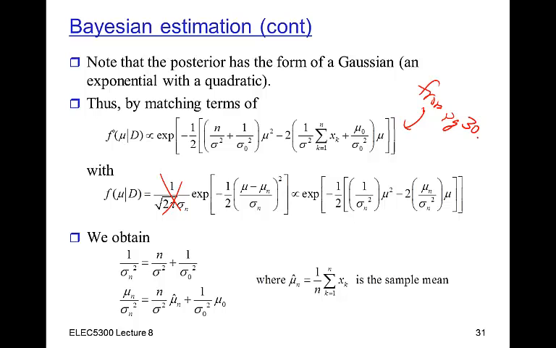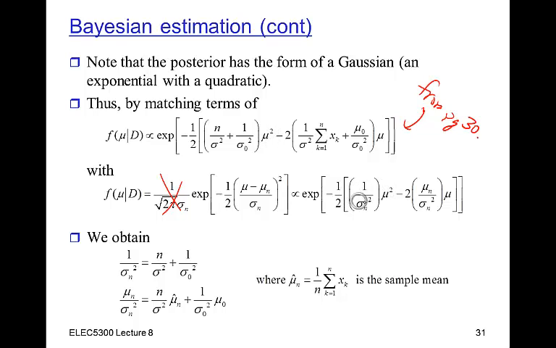So I know that this is true from the previous page, because I know that it's got to be given by a Gaussian distribution with this mean and this standard deviation. And so now, in order to figure out what this mean and this standard deviation are, I'm just going to match terms. The coefficients of the mu squared have to be equal to each other.